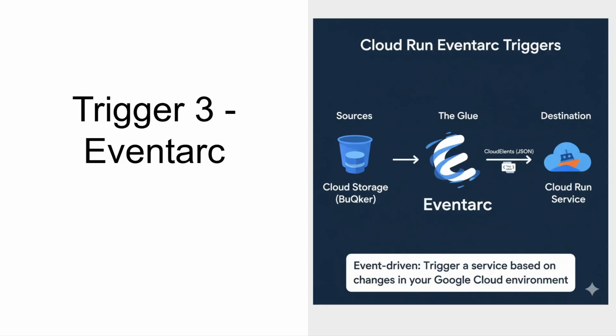Once the messages are sent to Eventarc, Eventarc can take that message, send it as JSON to your Cloud Run service, and then your Cloud Run service can perform the operation on it. Cloud Run Jobs is not at the moment able to directly integrate with Eventarc, but you can send those messages to a workflow, and then that workflow can send it to your Cloud Run Jobs, if you wanted to run that particular event on Cloud Run Jobs.